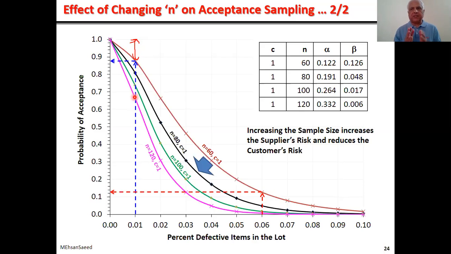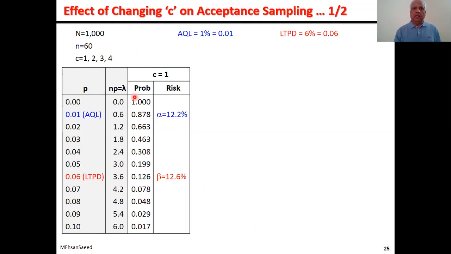Let us now keep the sample size fixed and change, or rather increase, the acceptance level. So the same problem, but in this case, we are keeping n at 60 constant and changing c.